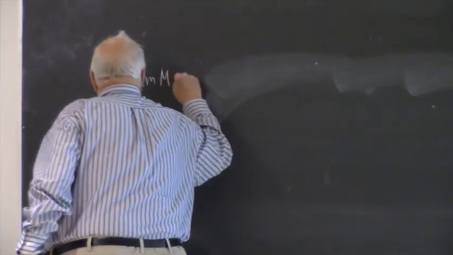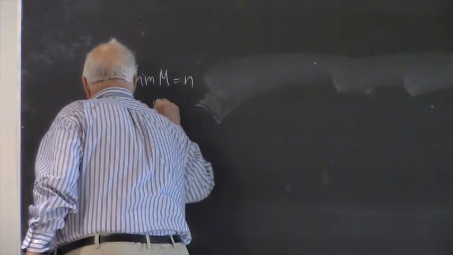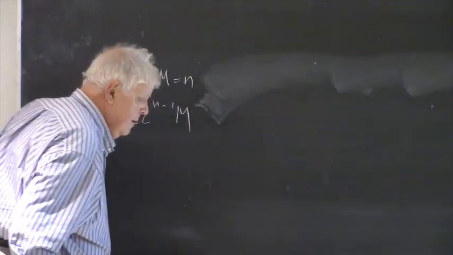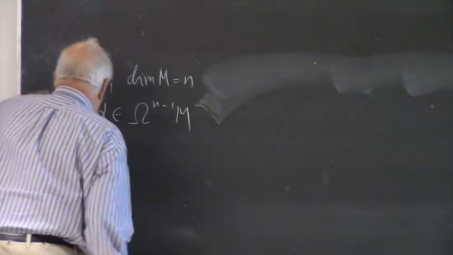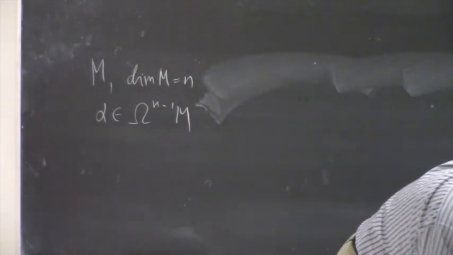Not just oriented, but orientation has been fixed. Then for every form of degree n minus 1, so we have M, the dimension is n, and alpha is a form of degree n minus 1 on M.